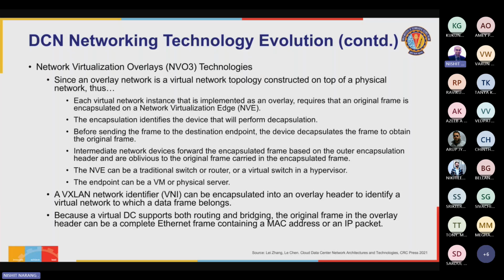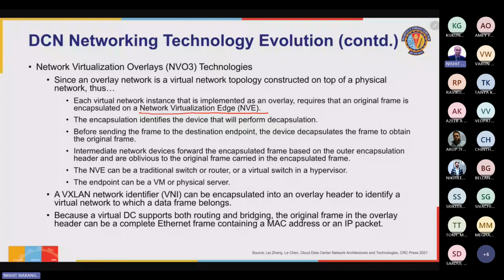Okay. So in NVO3, we introduced this term last time, the network virtualization edge. This is the edge node which connects on one side to the overlay network and on the other side to the underlay network. It's the interworking entity. This is the one which does the encapsulation, and on the receiving side, the decapsulation.